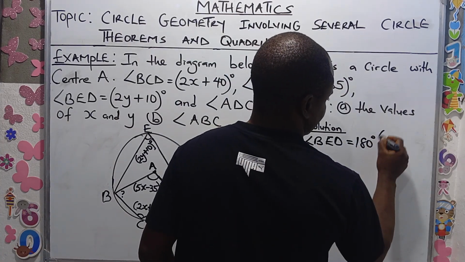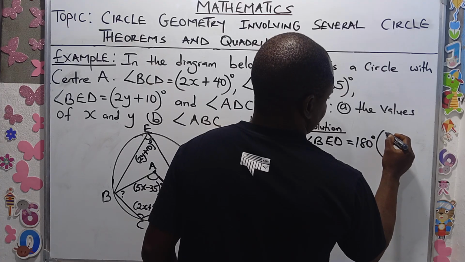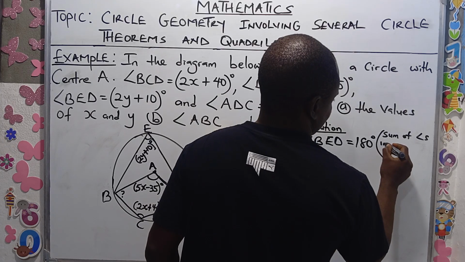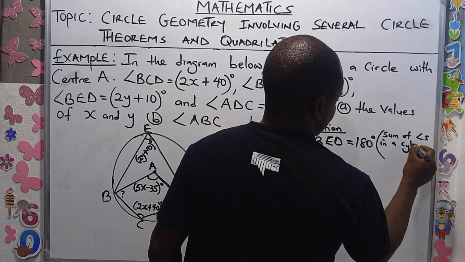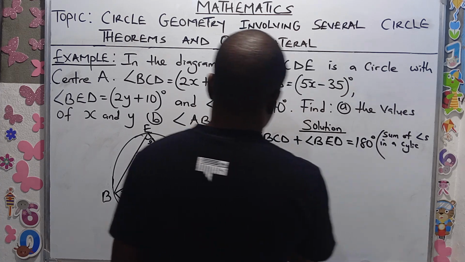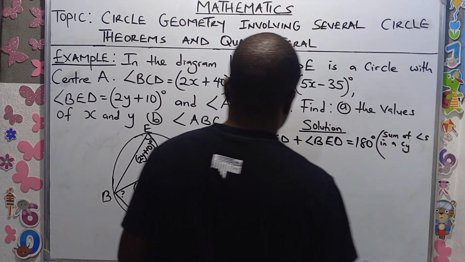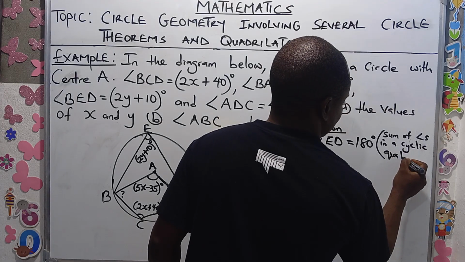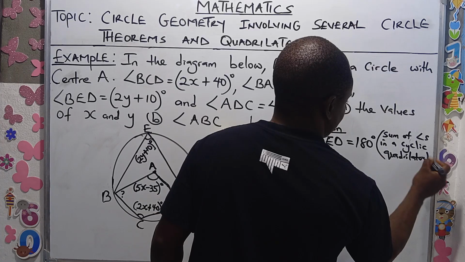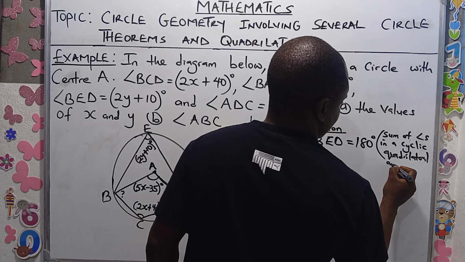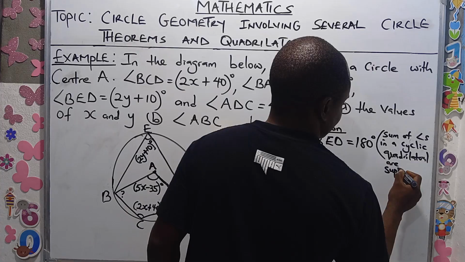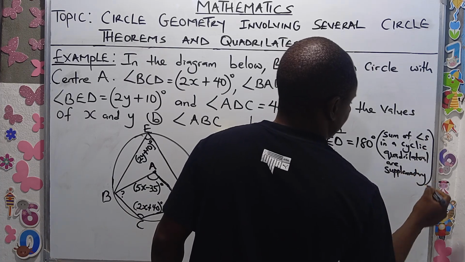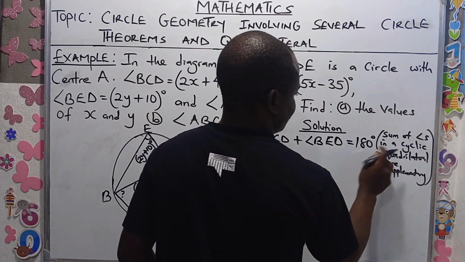The reason is very important: sum of angles in a cyclic quadrilateral are supplementary. They are supplementary.